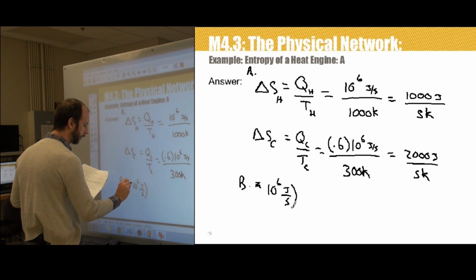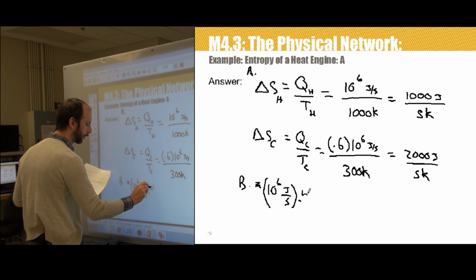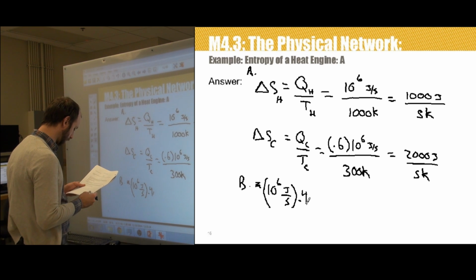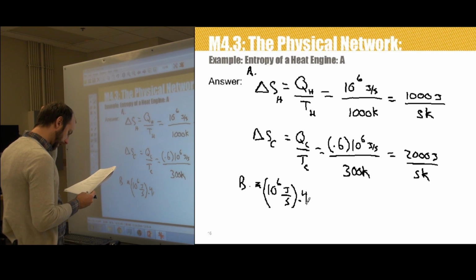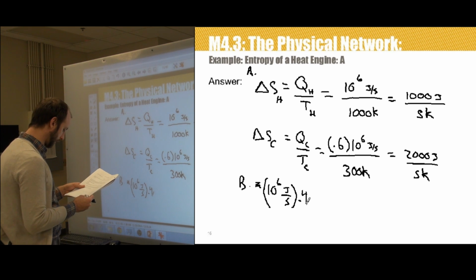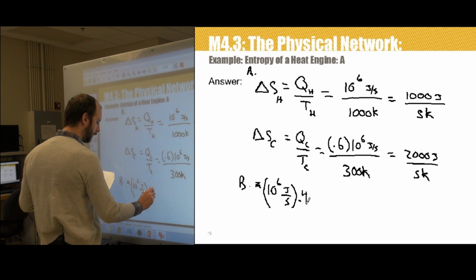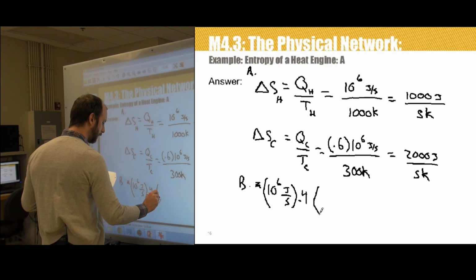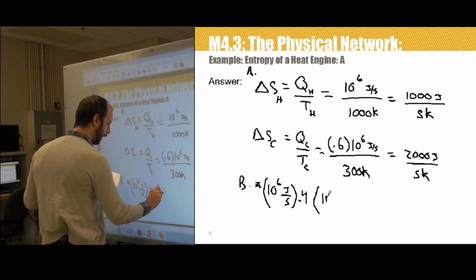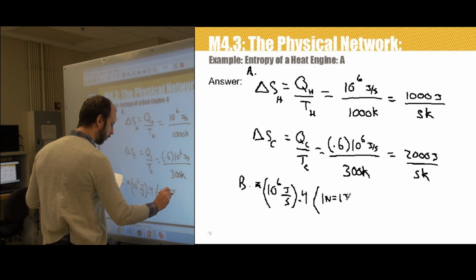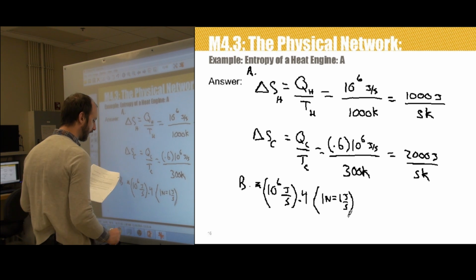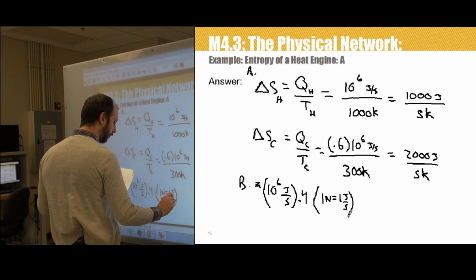And we multiply that by 0.4. So you get 0.4 times 10 to the 6 joules per second. And we know that 1 watt is a joule per second. So it would be times 1 watt equals 1 joule per second. Throw that conversion in there. And so we get 400 kilowatts.